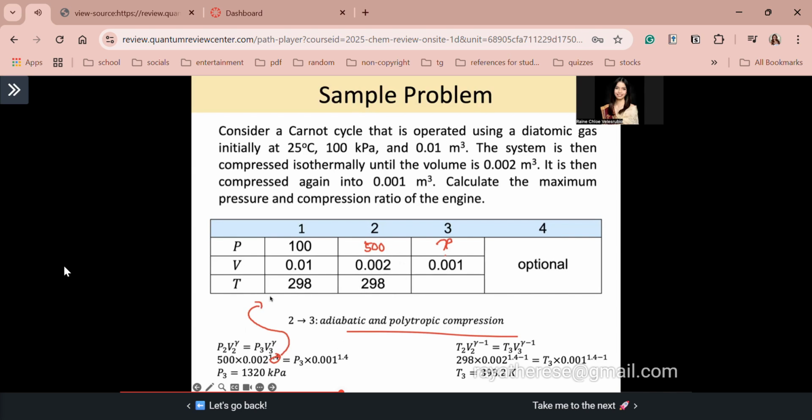Because this corresponds to your gamma, Cp over Cv. So, kailangan nyo kunin ang Cp over Cv for a diatomic gas. Okay, so look at your table, guys. Ano ang value for Cp? Okay, di ba? Cp over Cv, okay, gamma, is equal to 7 over 5 or equal to 1.4 based on your table. Equal to P3, which is your unknown, times 0.001 cubic meters, which is given, to the power of 1.4. Solving, we will get P3, which is equal to 1,320 kilopascals.